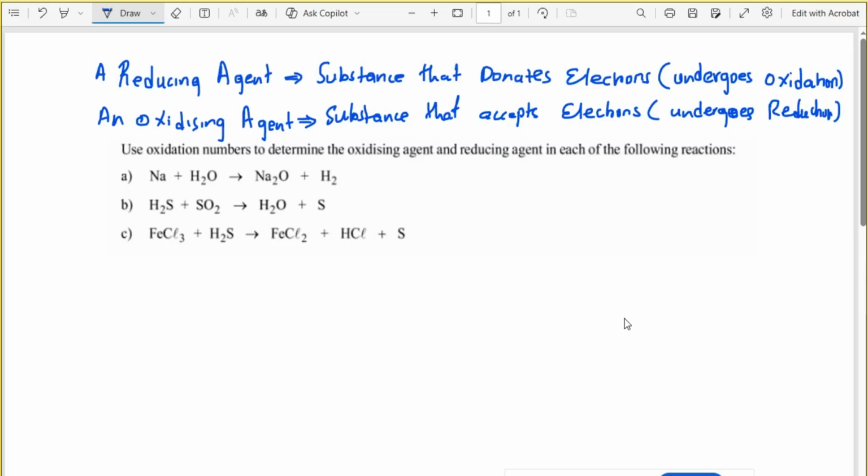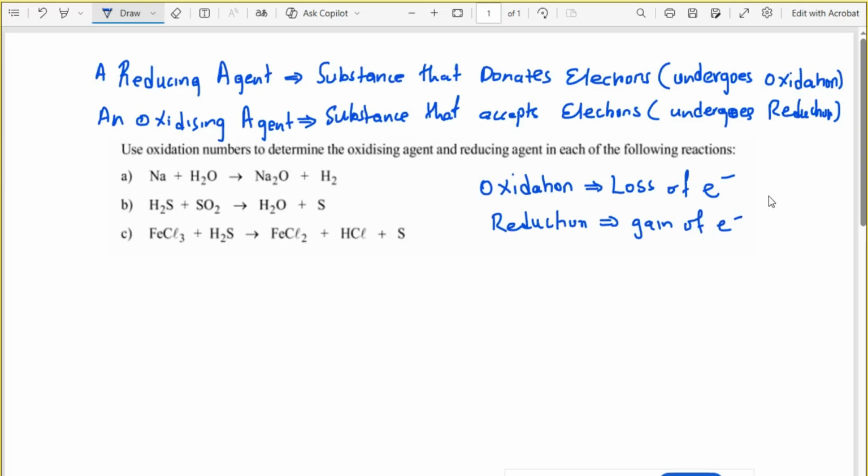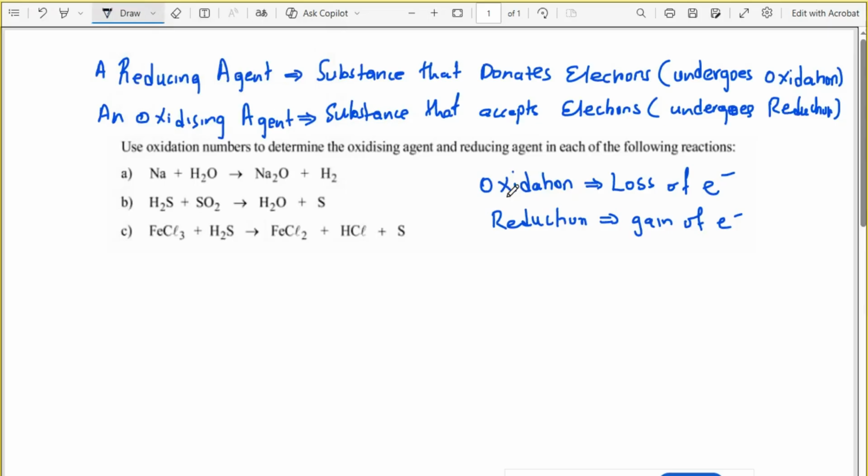I want us to summarize something very fast. When it comes to reducing agent and oxidizing agent, we said oxidation is loss of electrons, and then reduction is gain of electrons.